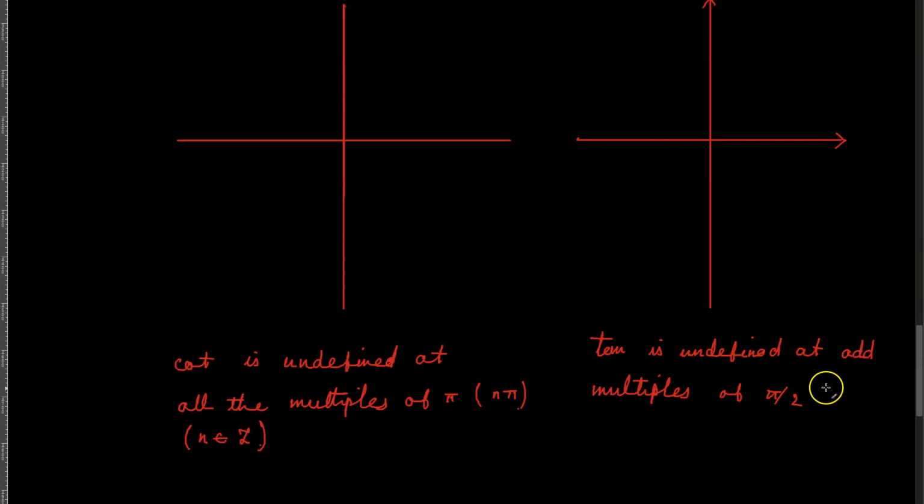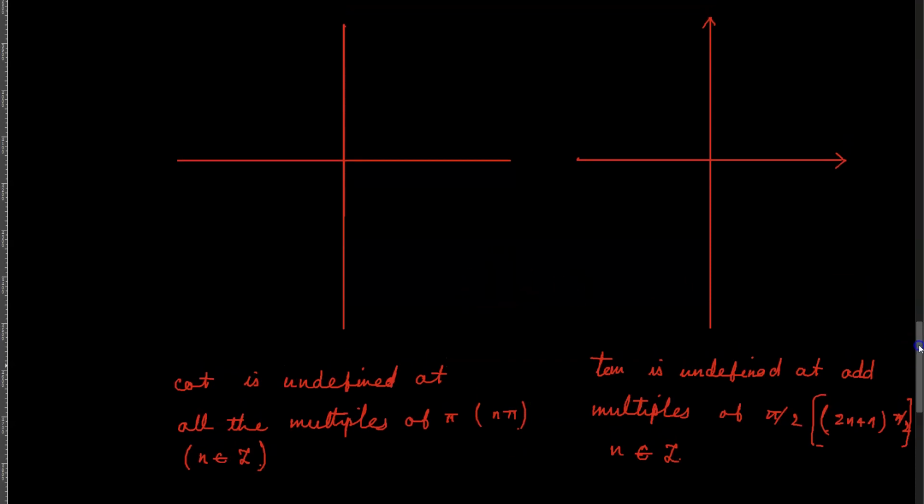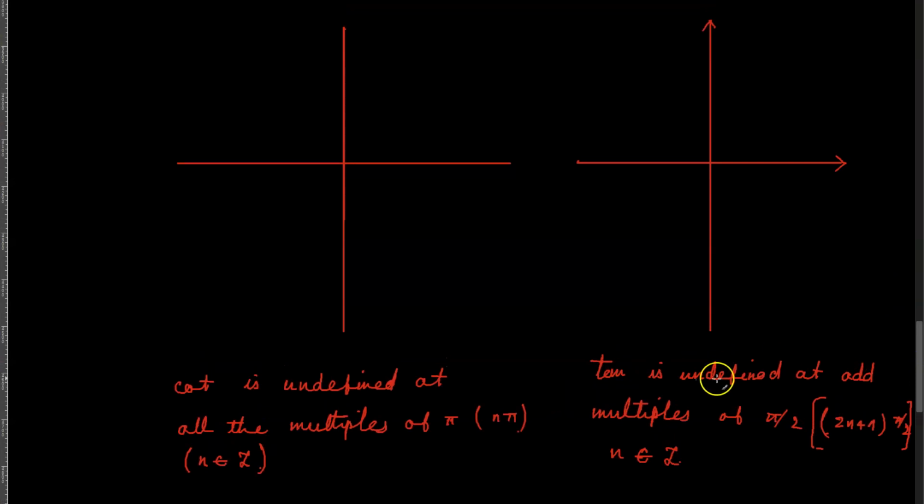And over here, you're undefined at 2n plus 1 times pi by 2, right? But again, n here belongs to the set of integers, which means that you're undefined at odd multiples of pi by 2.